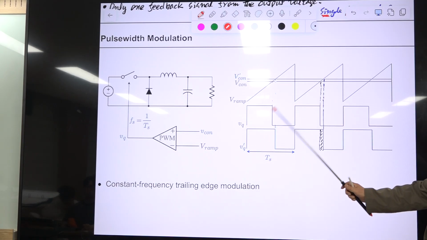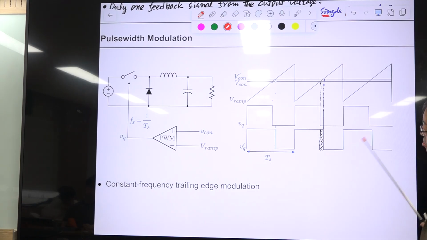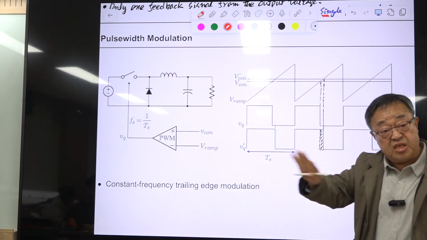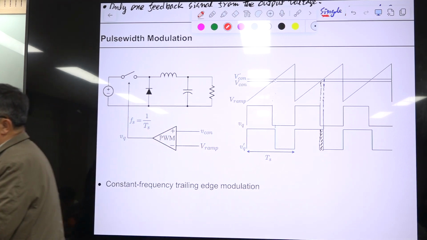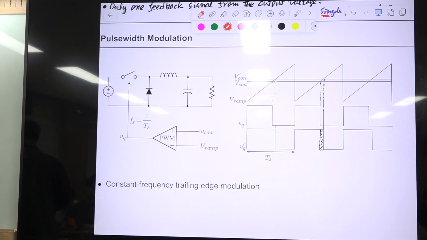Okay? The theory developed from this assumption can be easily extended, modified to other cases, so you don't have to worry about that. Okay? I intended to show the waveforms of leading edge modulation and dual edge modulation, but I'm skipping that now. Okay, that is not important.